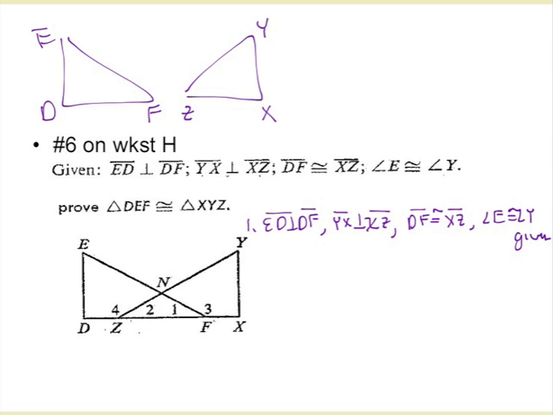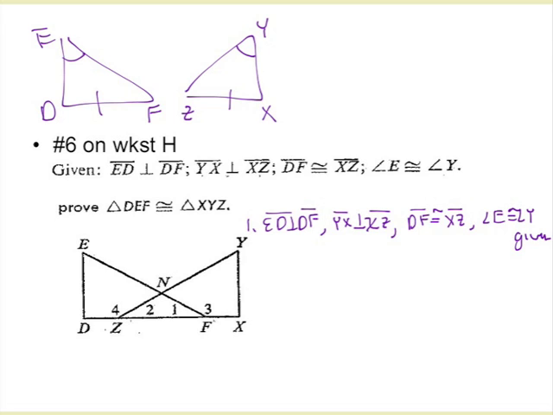So I can't mark anything in my pictures for perpendicular, but I can mark DF and XZ, and I can mark angle E and angle Y. So I only have 2 markings in the picture, which means that I still need to make another marking.